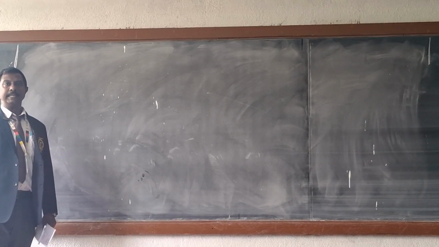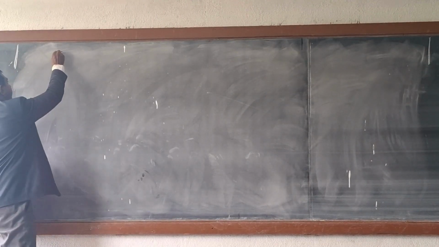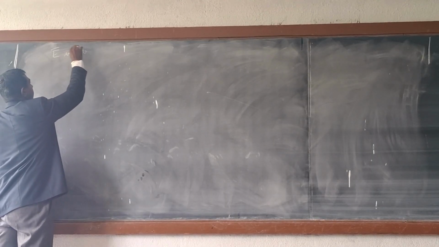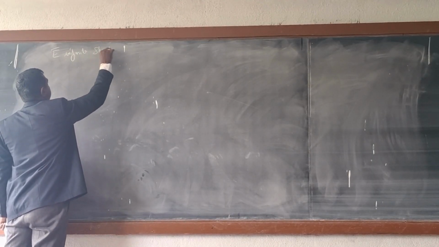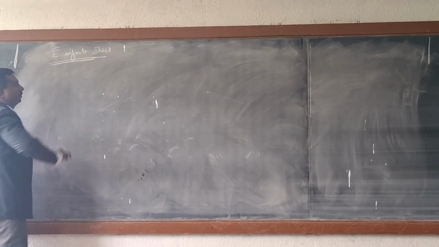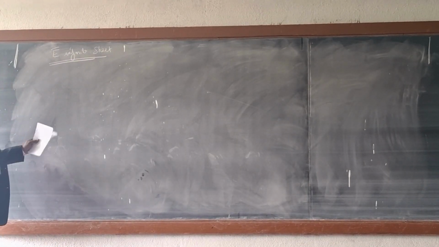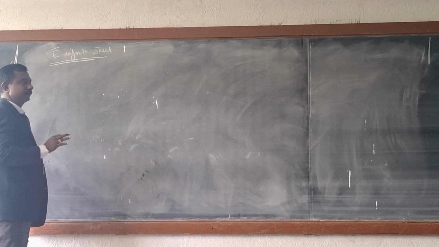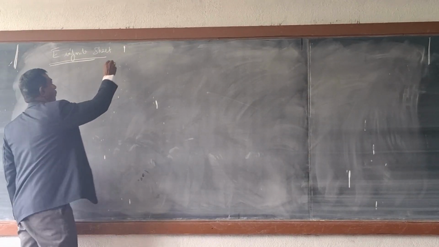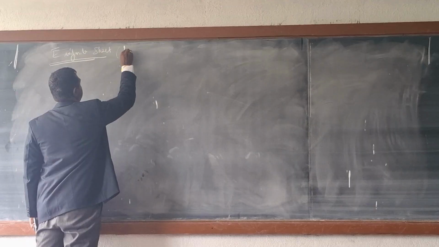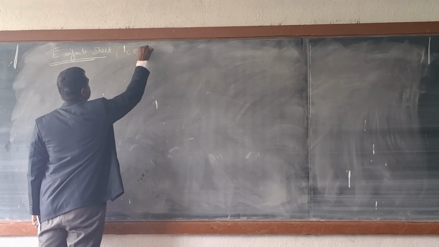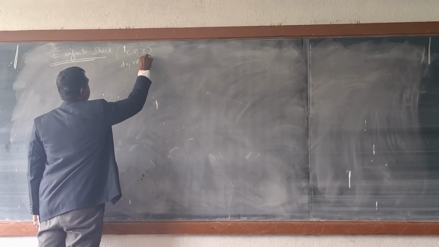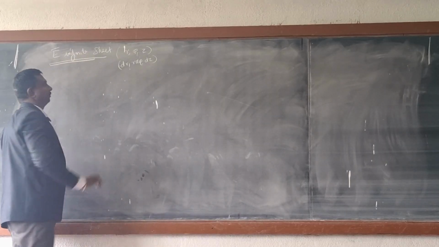This is the next derivation: electric field due to an infinite sheet of charge. Here also you are going to find the electric field formula, especially in cylindrical form, right? So in cylindrical we know r, phi and z, and the differential elements are dr, r d phi and dz, right?